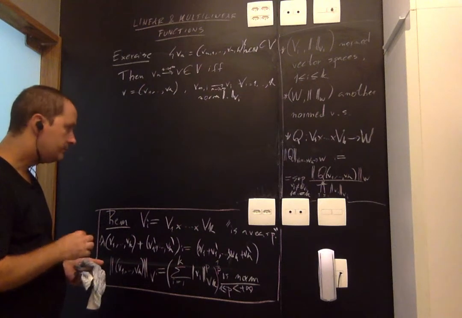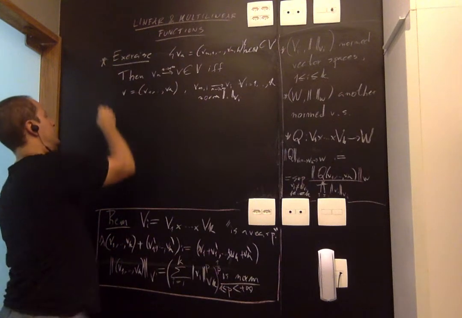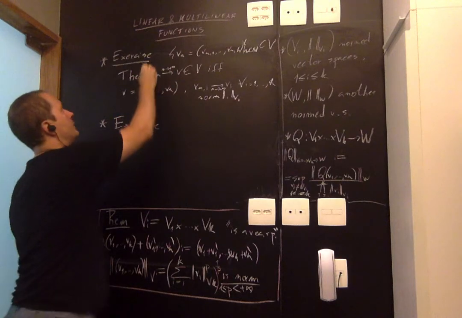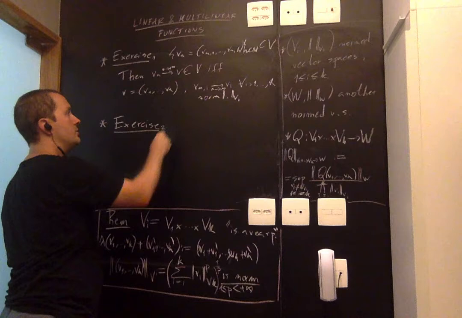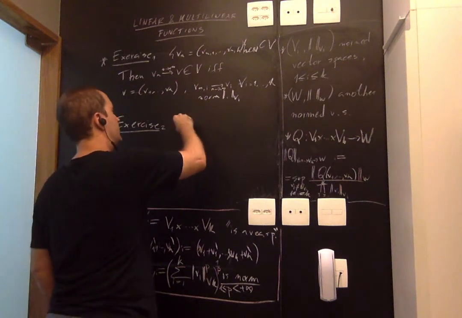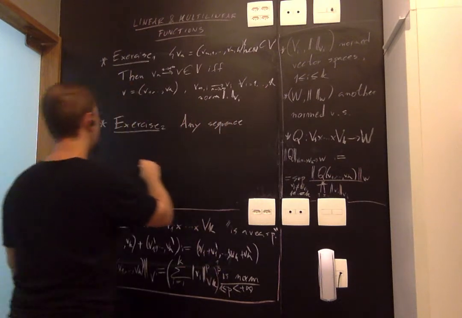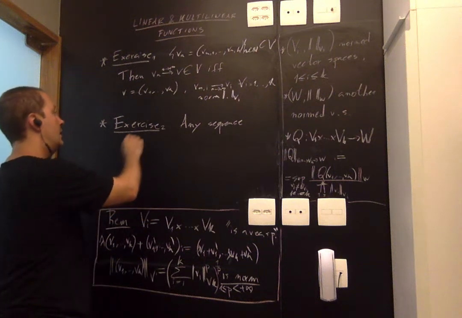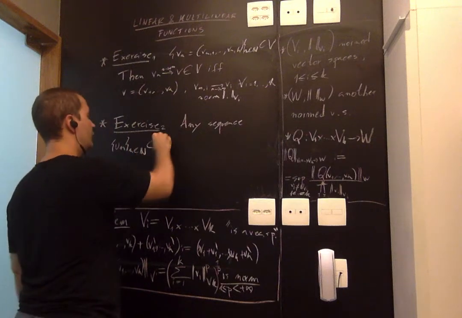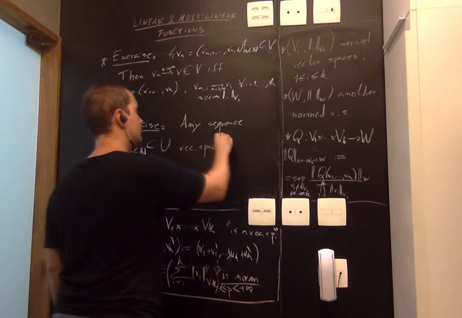Okay, so what about that? There's something else that we're going to need, which is going to be another exercise, which I'm going to write down here. So this is exercise 1 for today. Exercise 2 is that any sequence, let me say that I have a sequence U sub n contained in a vector space with norm.